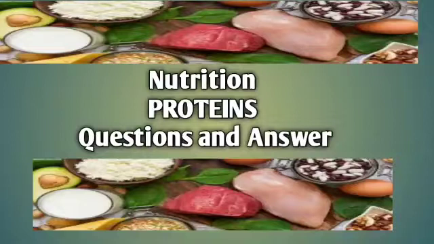For example, the body uses phenylalanine, essential, to make tyrosine, non-essential. But if the diet fails to provide phenylalanine, or the person has PKU, a genetic disease, then tyrosine becomes conditionally essential.